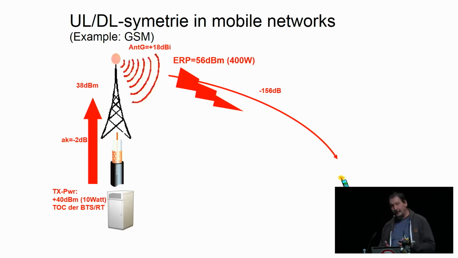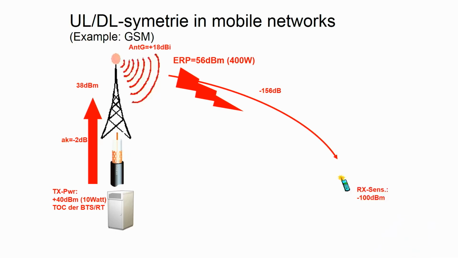But the power isn't really there. It's as if you use a torch light and you focus the beam, and then it seems to be very bright. It's just an equivalent value. So an antenna gain, for example, for the receiver looks like 400 watts as if it were an isotropic radiator, which it isn't.